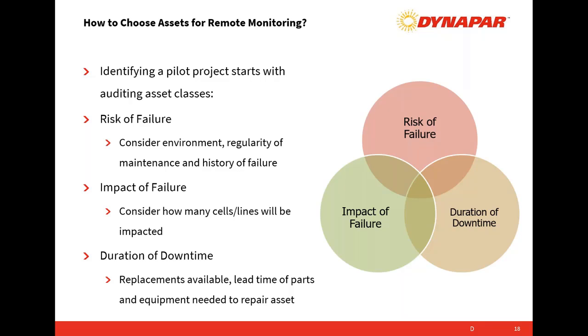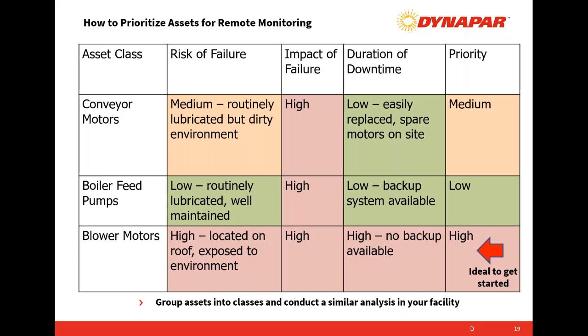And for duration of downtime, consider assets that have a long lead time for parts or specialized equipment required for doing replacement, such as having to secure cranes or any kind of other specialized equipment that's not at your facility. A great tool for choosing these assets is using a risk assessment matrix. Next slide, please.